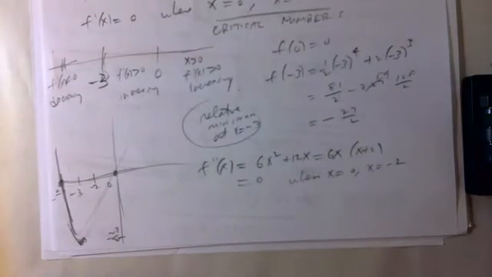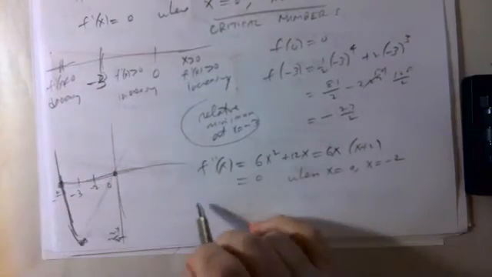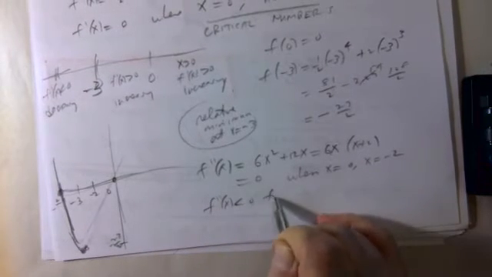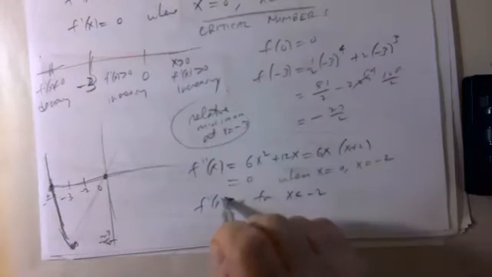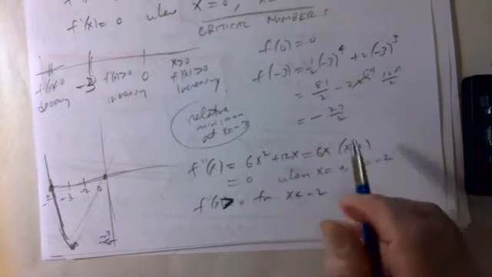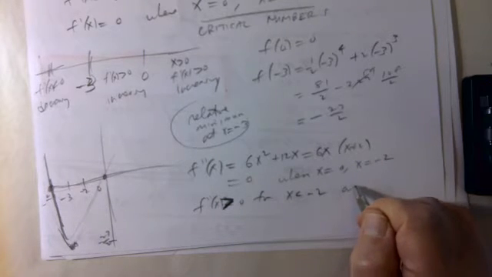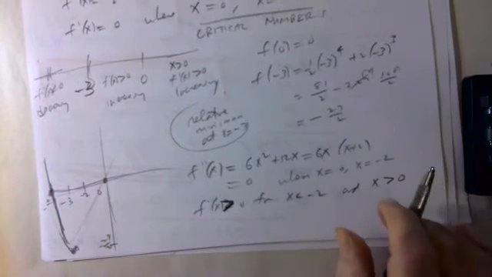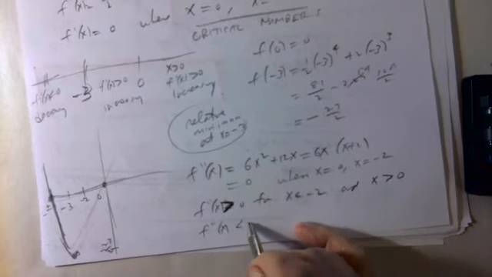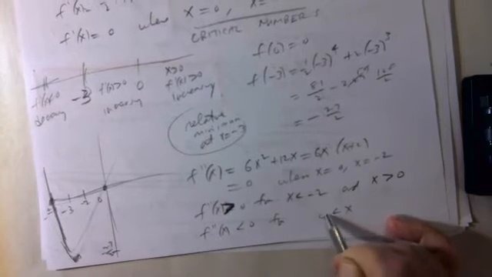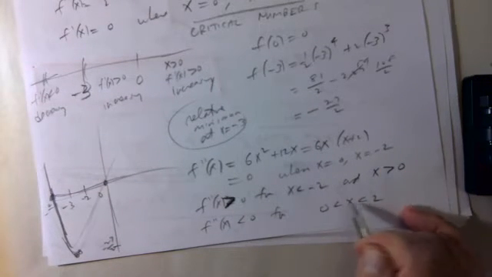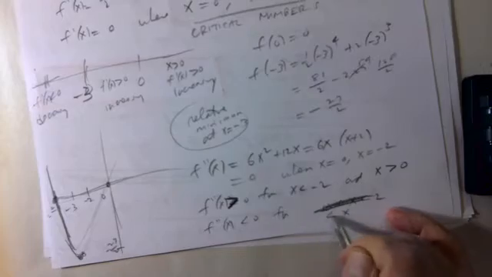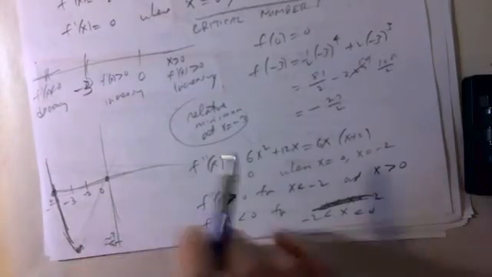The second derivative is positive when x is less than -2, because negative times negative is positive, and when x is greater than 0. The second derivative is negative when x is between -2 and 0, from here to here.